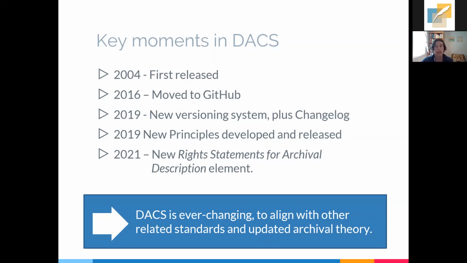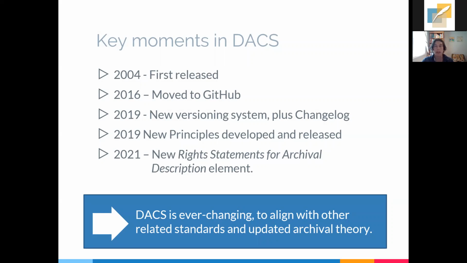In 2016, the structure for sort of accessing and updating DACS moved to a platform called GitHub Online, and it's sort of an open source software development platform most of the time, but it's allowed the archivists who manage DACS to build in things like a versioning system, a change log. It sort of made it more accessible to archivists on a rolling basis.